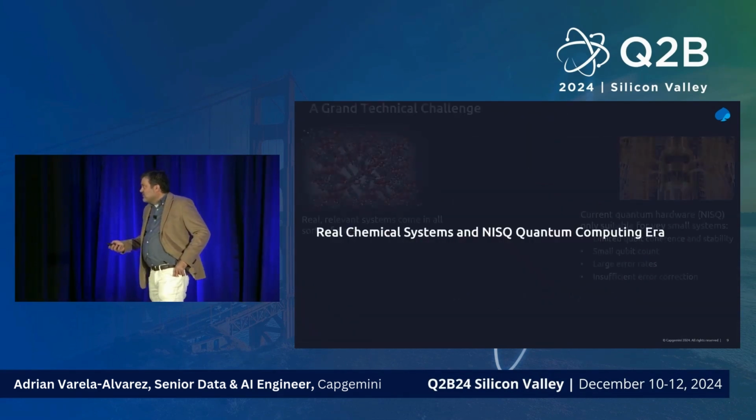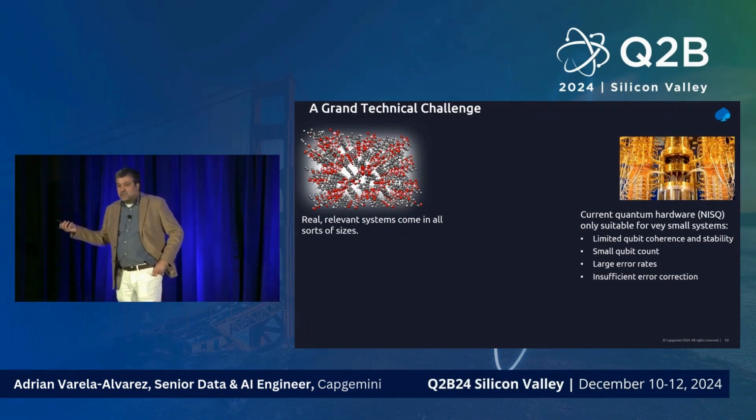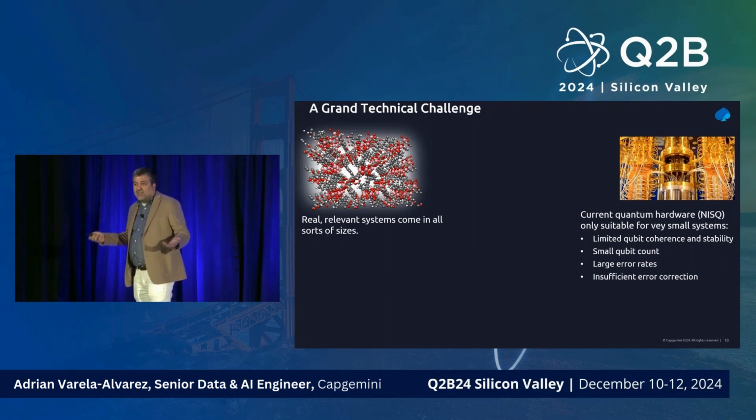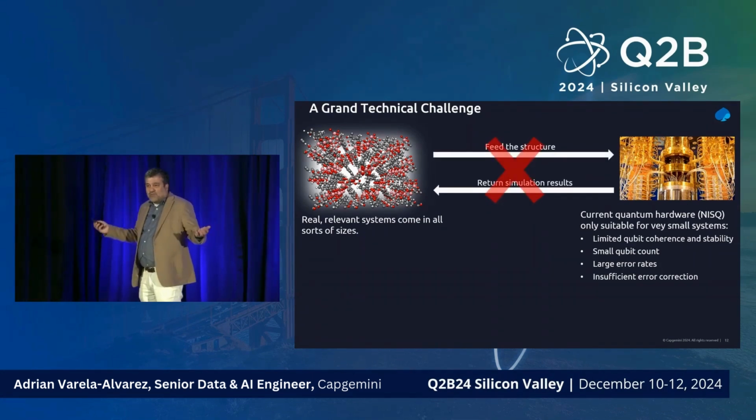Of course, we have a problem. Metal-organic frameworks are huge. In general, really relevant systems come in all sorts of sizes. But we also know that current quantum hardware cannot handle large systems. So the first approach, which would be to just feed this system to the quantum computer, is not going to work.